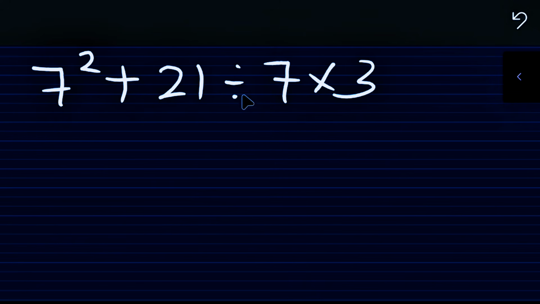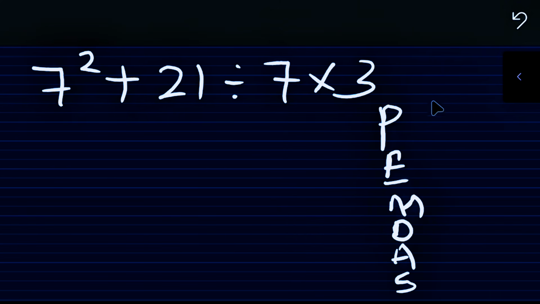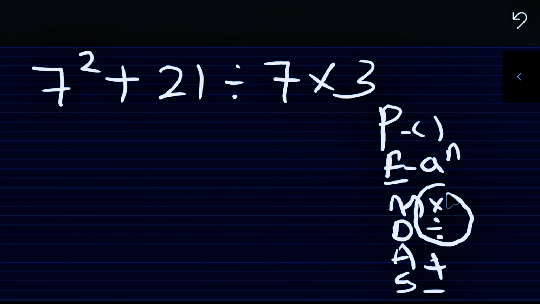For you to solve this question correctly, the first thing you have to do is to write down the order of operation, which is PEMDAS, okay? Where P stands for parentheses, E is exponent, M is multiplication, and D is division, A is addition, and S is subtraction. And please note that multiplication and division are of the same priority.